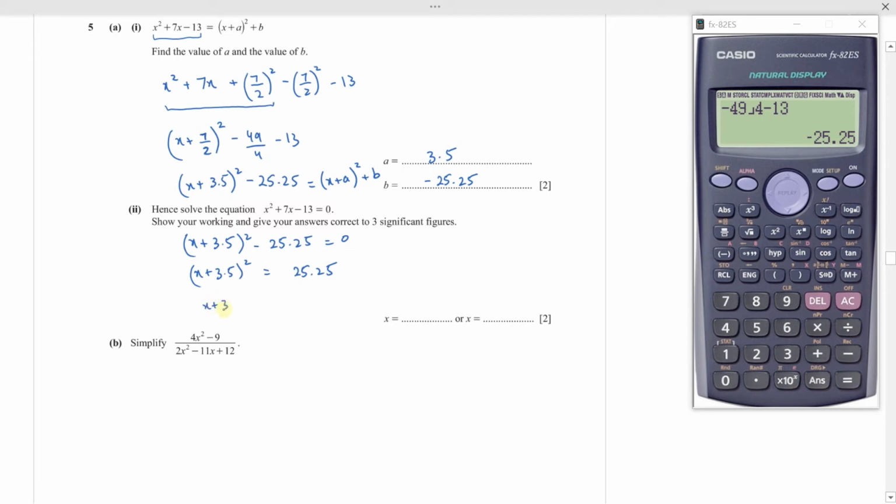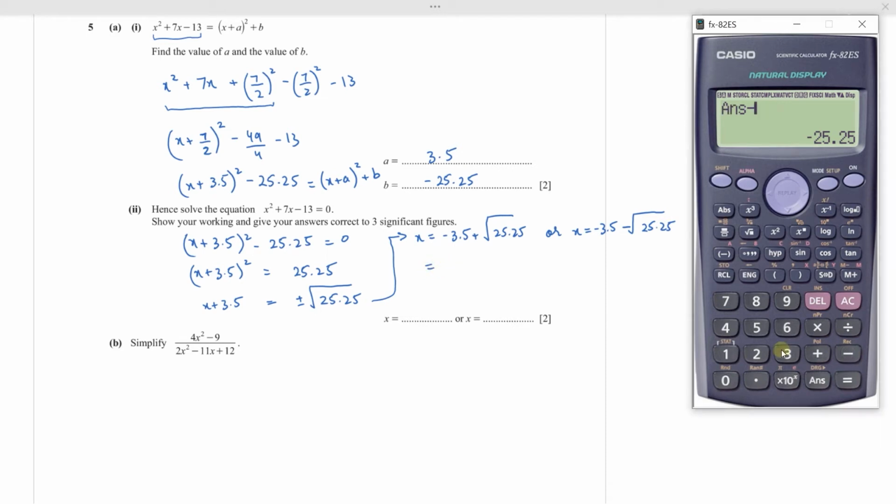And then x plus 3.5 will be equal to plus minus square root of 25.25. And then if I take this 3.5 to the other side, I will get x equals to minus 3.5 plus square root of 25.25, or x equals to minus 3.5 minus square root of 25.25.